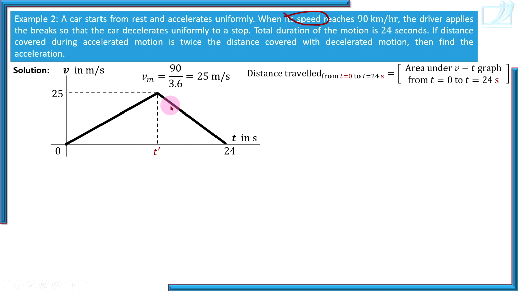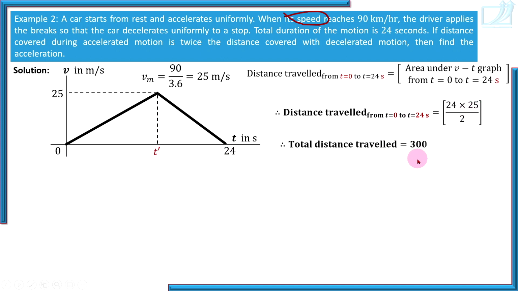And area under the speed time diagram is distance travelled. Distance travelled is the area under the VT diagram. So from t equal to 0 to t equal to 24, it is base 24, height 25, divided by 2. So total distance travelled is 300 meters. So we have found out the total distance travelled.